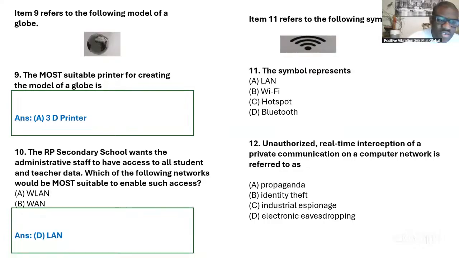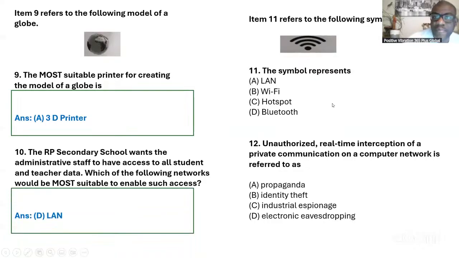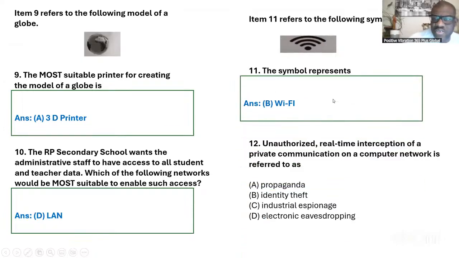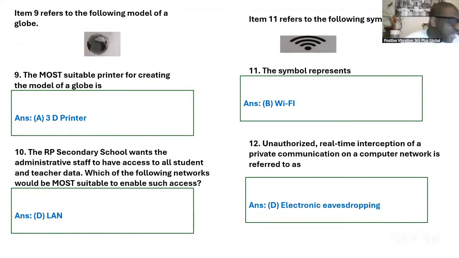That is going to be a LAN. The symbol up above represents, you all know, Wi-Fi, wireless fidelity. And finally, unauthorized real-time interception of a private communication on a computer network is referred to as, boom, electronic eavesdropping.